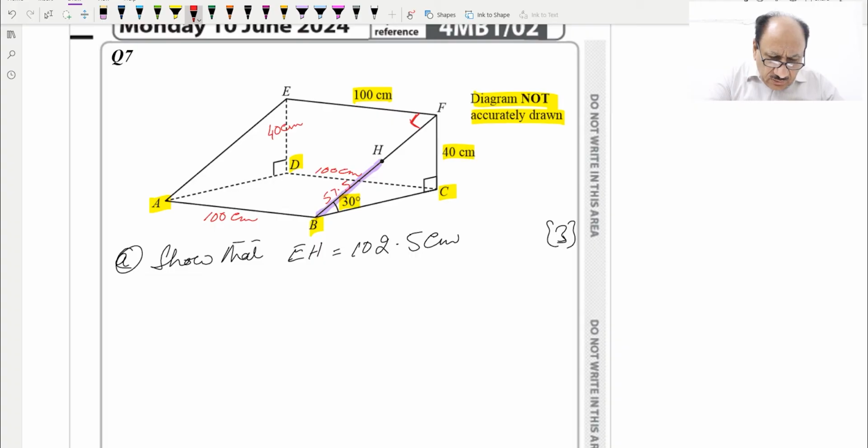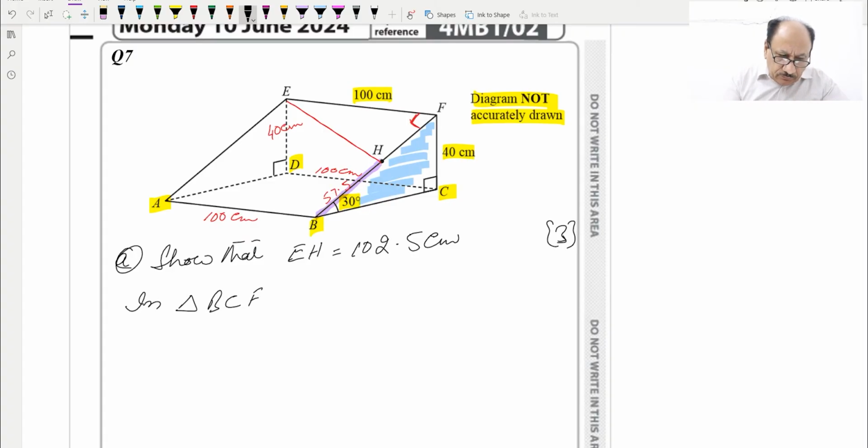Now we can join E with H, and this is our EH, and in triangle EFH we require FH, and then we will be able to do something. So we will consider this triangle.